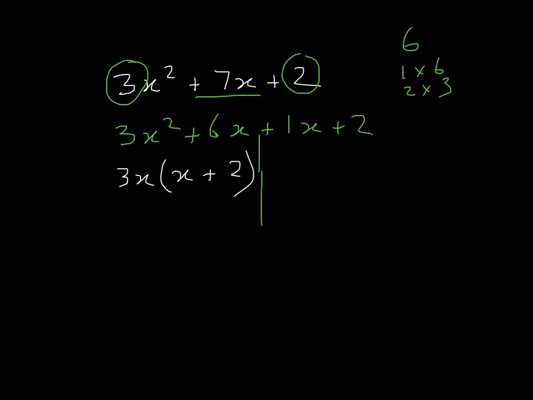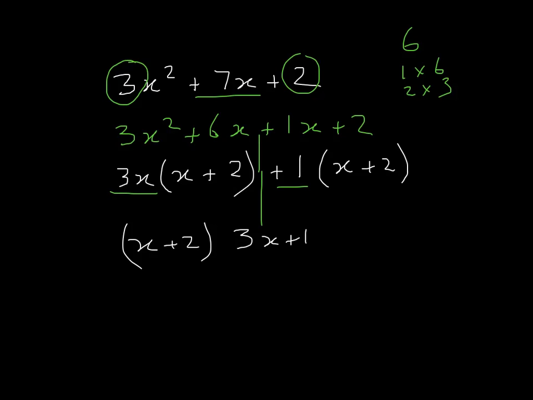Here I'll just put the 1 out the front, and I'm left with an x plus 2 bracket. I've got a common x plus 2 bracket there, and what's left here, I've got the 3x plus 1, so I can put that in the other bracket, 3x plus 1, and there's my factorised form.